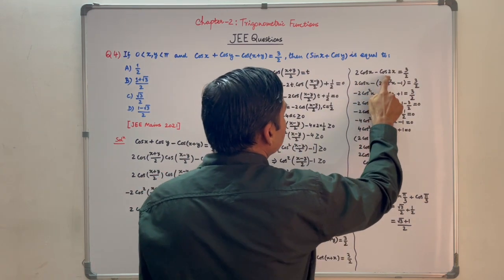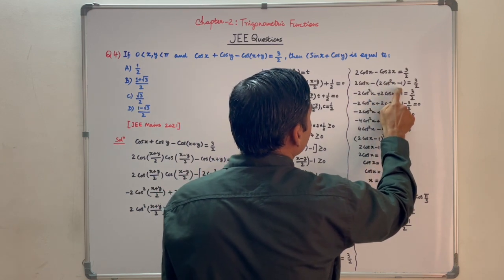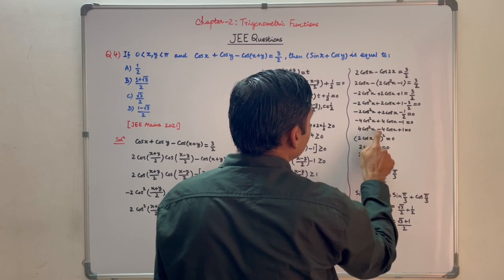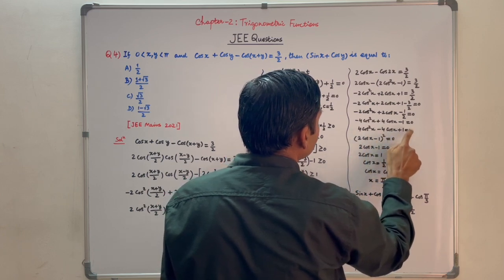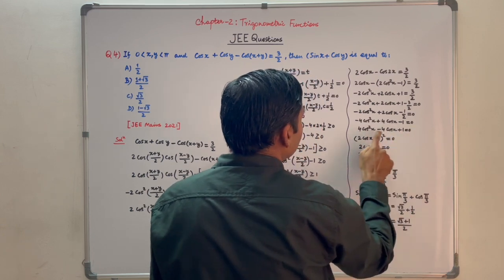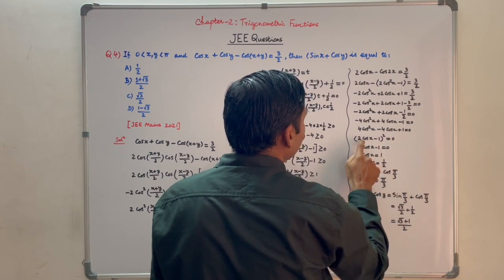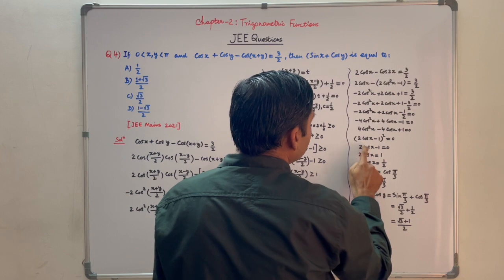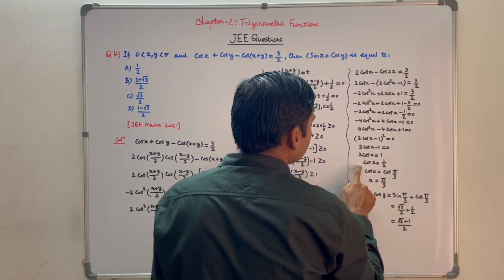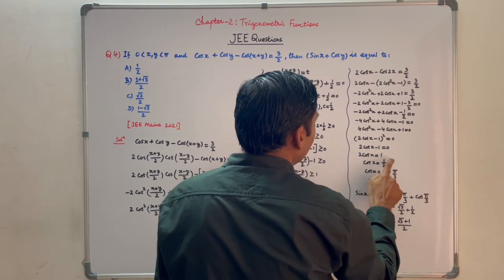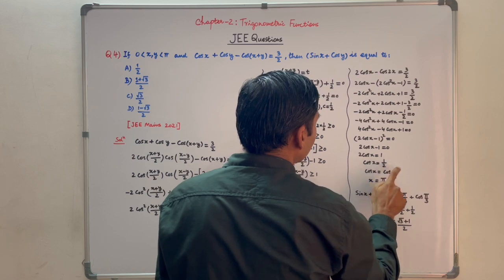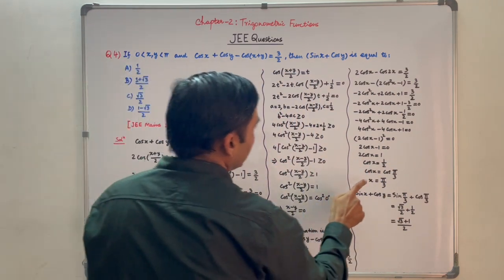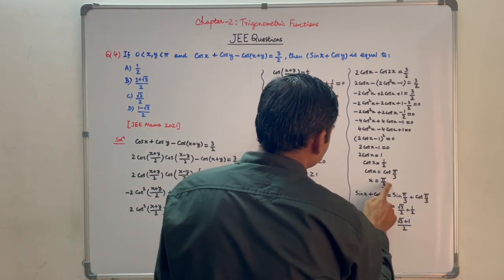Cos 2x can be written as 2 cos square x minus 1. So it reduces to 4 cos square x minus 4 cos x plus 1 is equal to 0. Now this is the whole square of (2 cos x minus 1). So 2 cos x minus 1 is equal to 0, or cos x is equal to 1 by 2. 1 by 2 is the value of cos 60 degrees in 0 to pi. So x is equal to pi by 3.